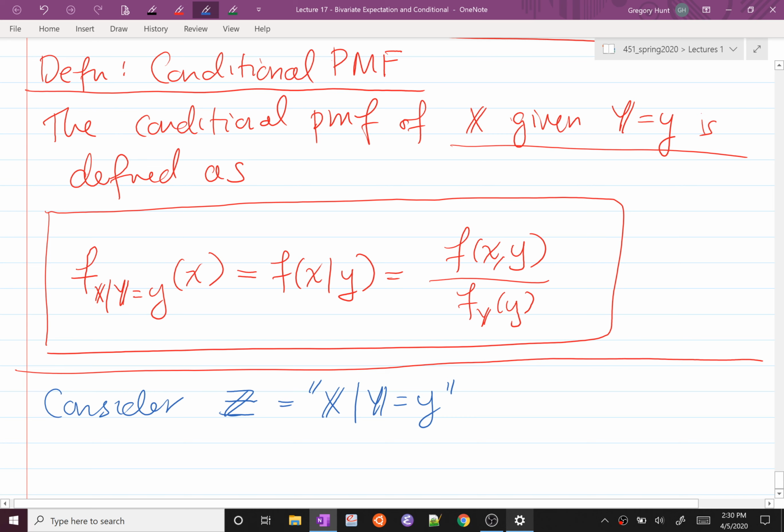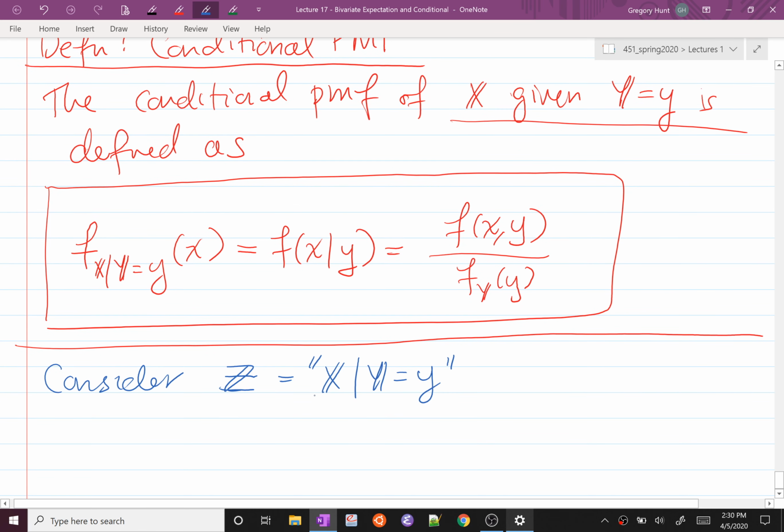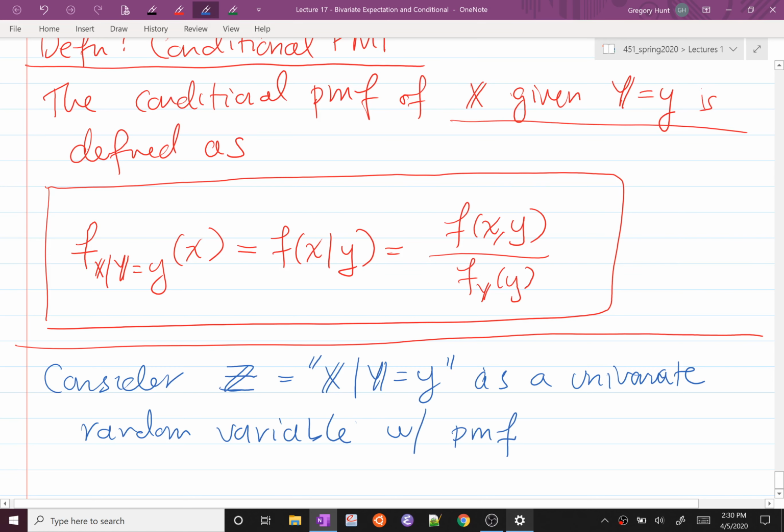The quantity X, which is a random variable, given Y is some value, we can consider as a univariate random variable with PMF given by the formula.